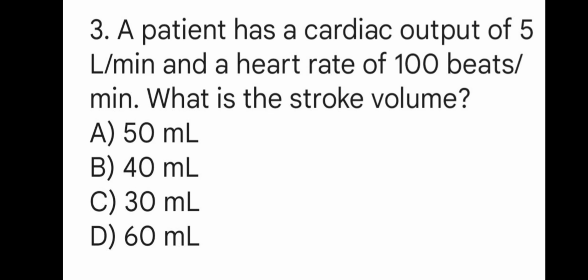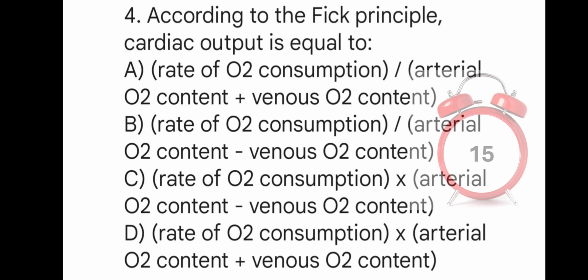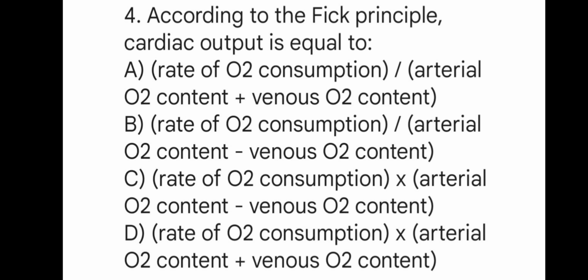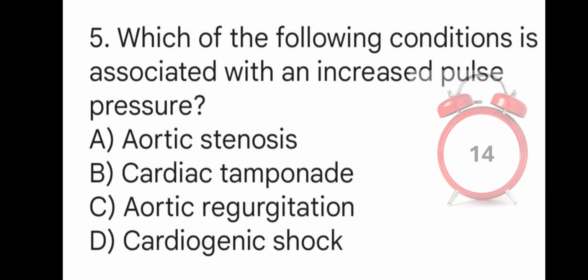The correct answer is A, 50 ml. The correct answer is B, rate of oxygen consumption divided by difference between the arterial oxygen content and venous oxygen content.